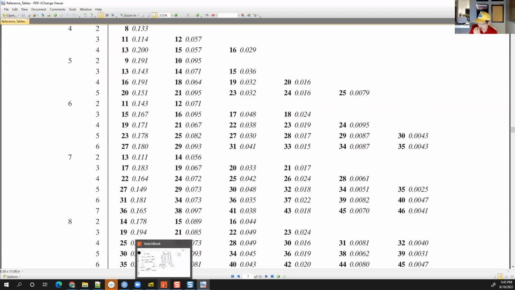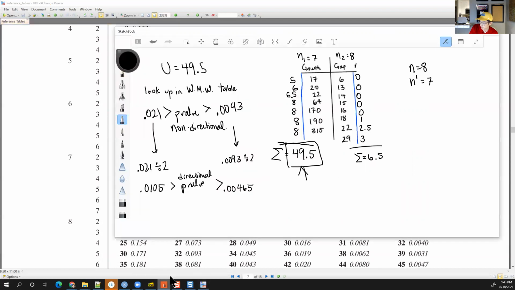And technically, when you do these comparisons, because you're always counting how many numbers are greater than in the other table, the sum ends up being n1 times n2. So the sum of 49.5 and 6.5 is 56, which is always going to be 8 times 7. It's always going to be the two numbers multiplied together.